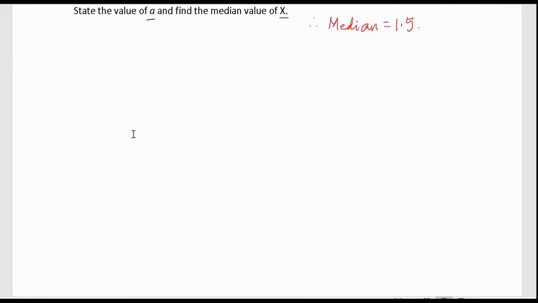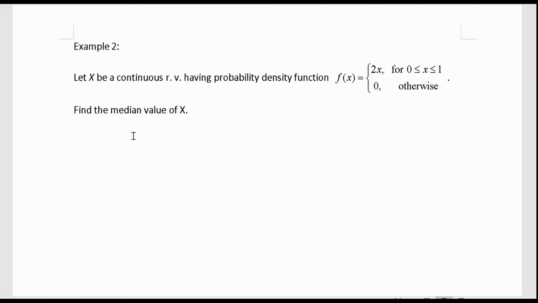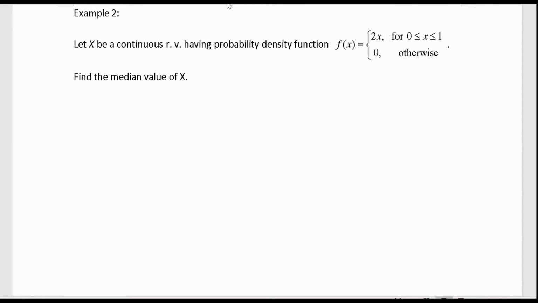Now we move on to the second example. Let X be the continuous random variable having the PDF given. You can see that it's 2x, a linear graph. Find the median value of X. So let's have a quick sketch of this linear function between 0 and 1.